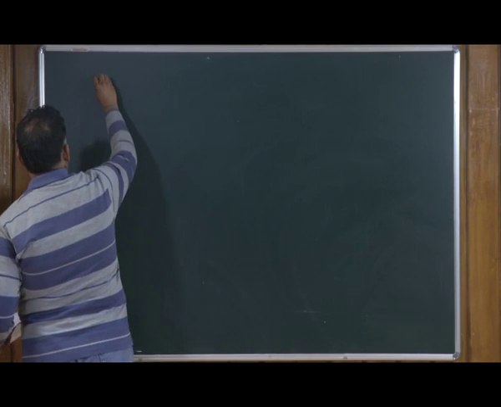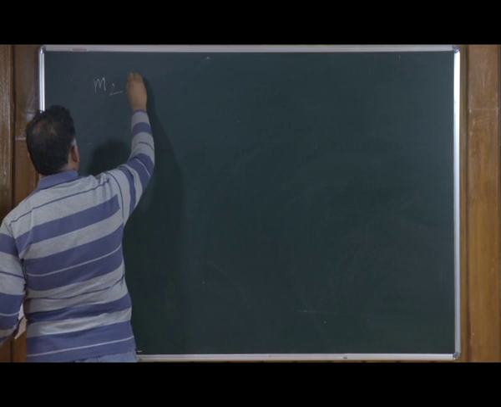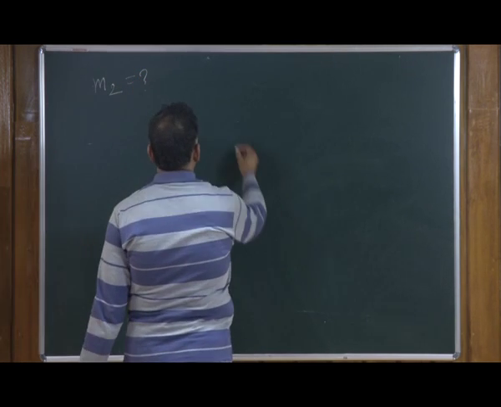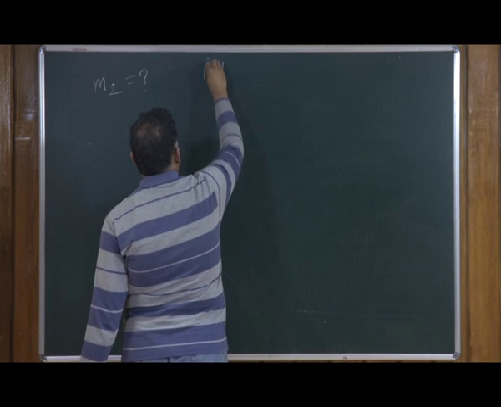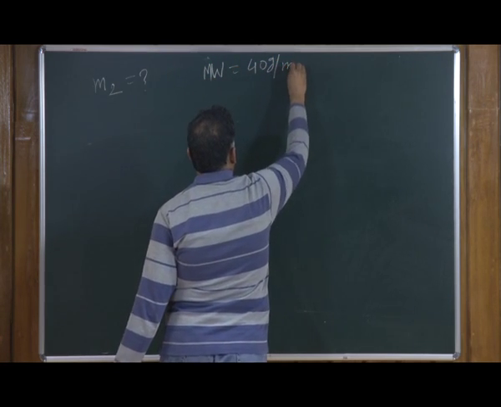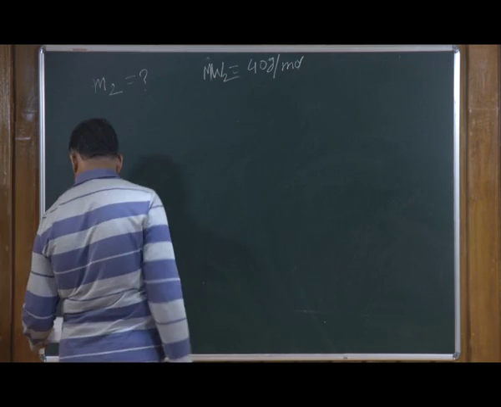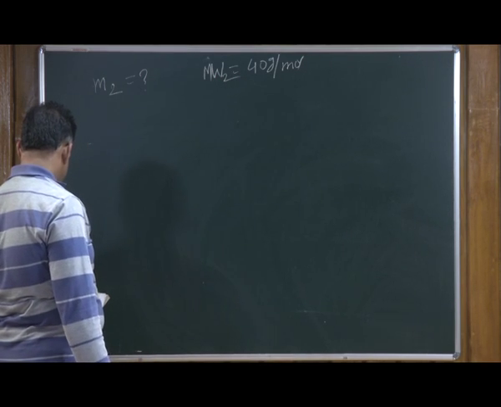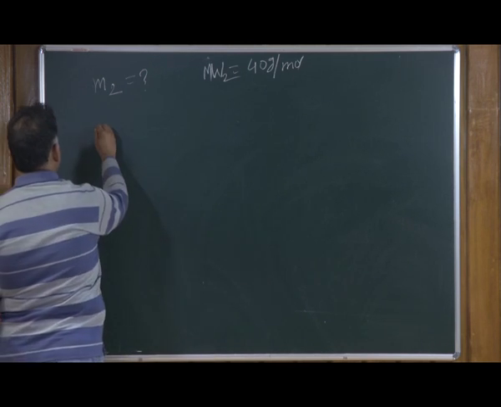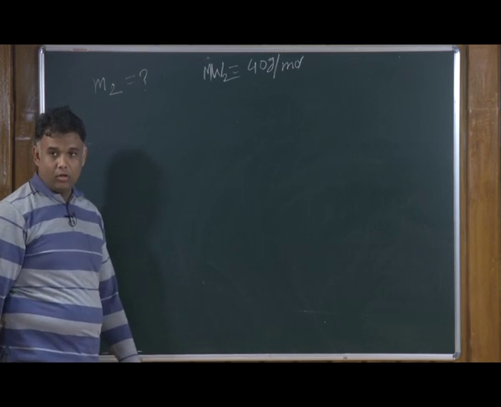So, we are asked the mass of non-volatile solute, whose molar mass is given, molecular weight is 40 gram per mole, which should be dissolved in 114 gram octane. So, the mass of the solvent is octane over here.